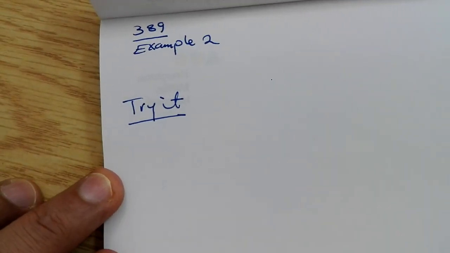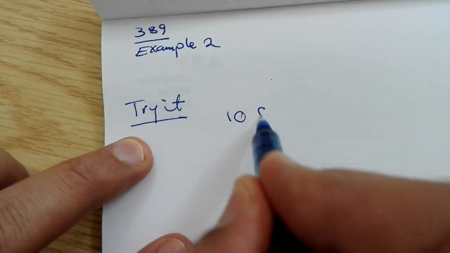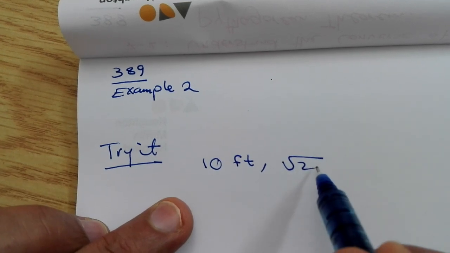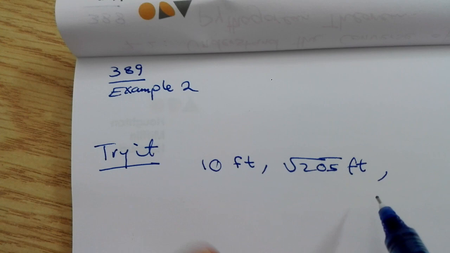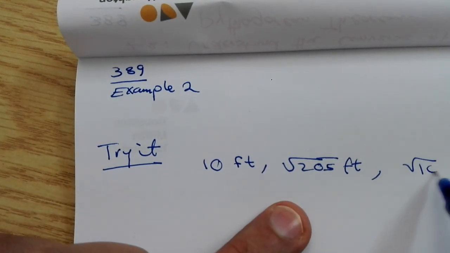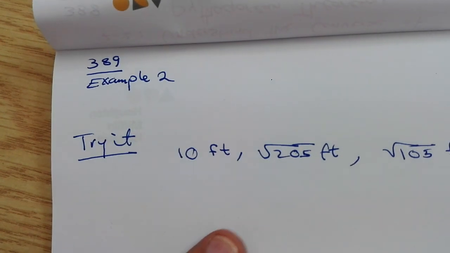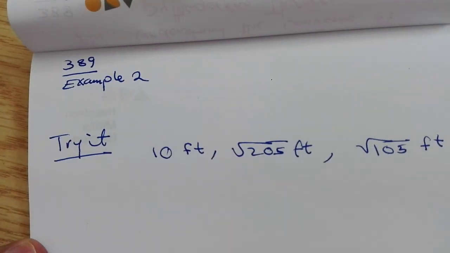This question speaks about a triangle whose sides are 10 feet, root 205 feet, and root 105 feet. Is this clear? Yes. Is this a right triangle? Explain.